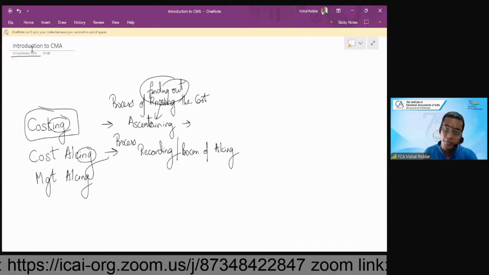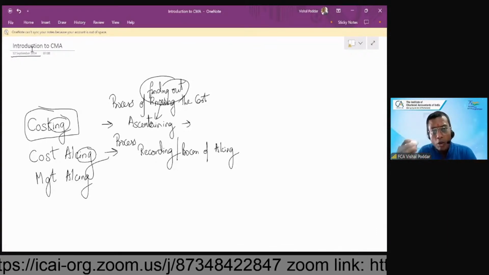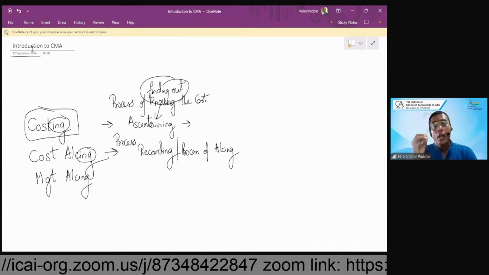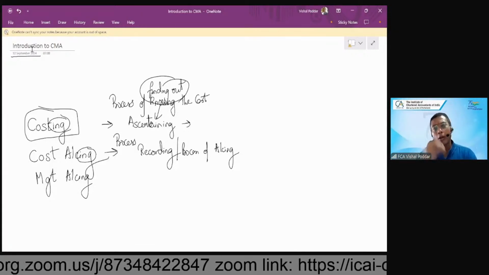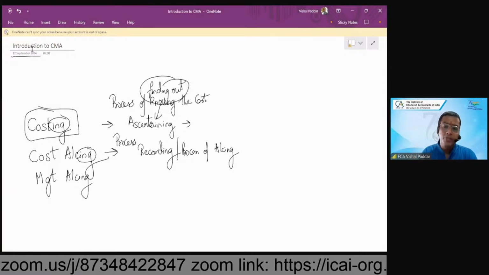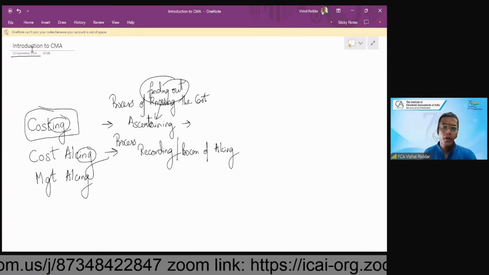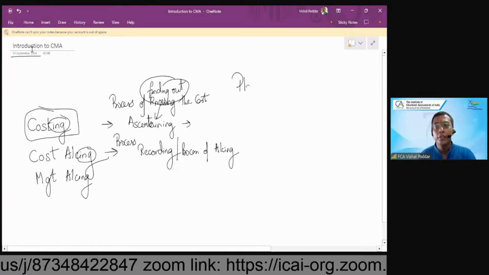How? I'll give you a very simple example. Let us say you all friends, a group of friends, are planning to go for a trip. You are planning to go to some place within your city limits, and it is a one-day trip. Now you have to plan this trip.